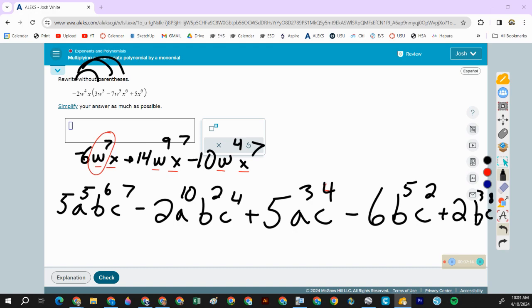How would I arrange these? Well, I just make sure that these are in alphabetical order, and they all are. Okay, if they're not, then just rearrange the multiplication so that they're in alphabetical order.